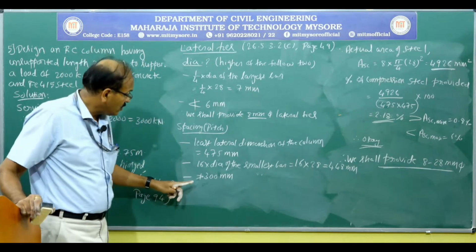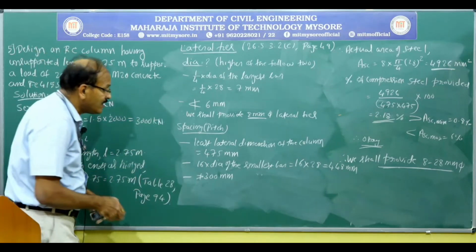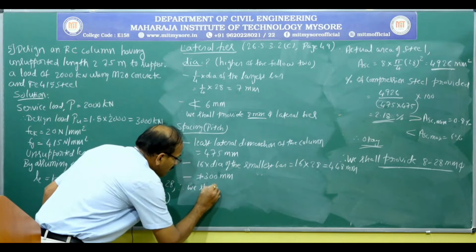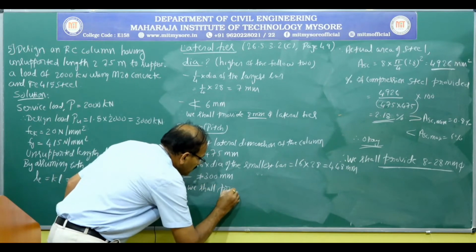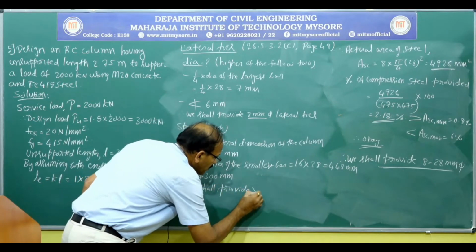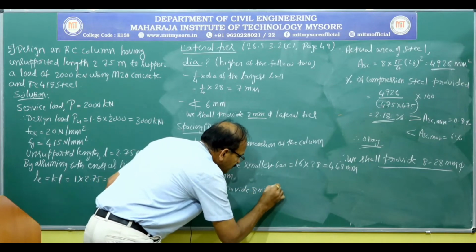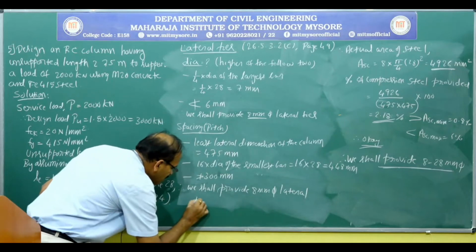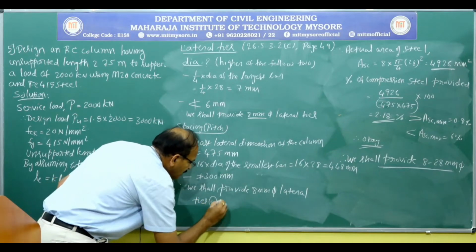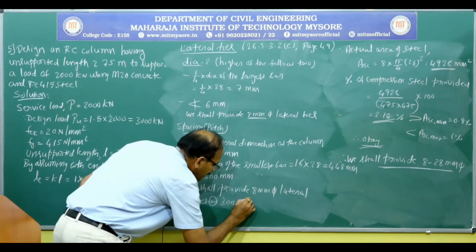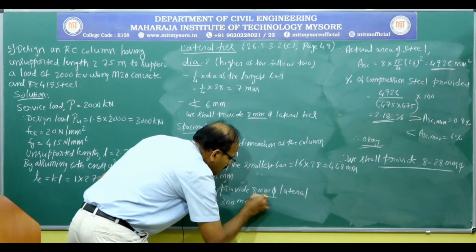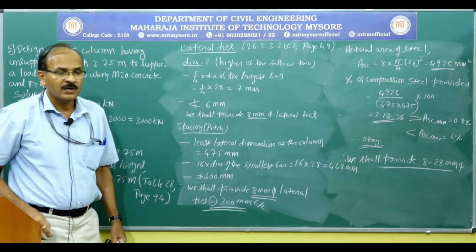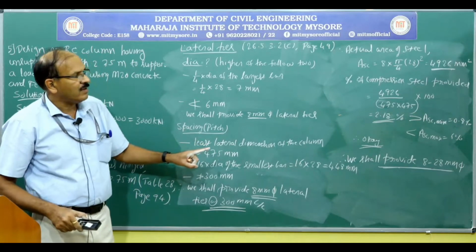So here we shall provide 8 mm dia lateral ties at 300 millimeter center to center. Okay, this completes the design.